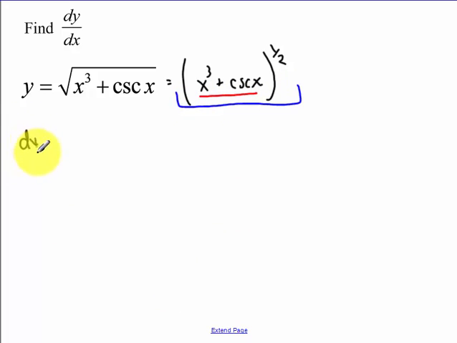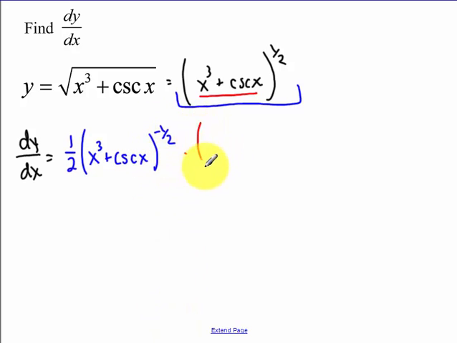So dy dx in this case is equal to the derivative of the outside function, times the derivative of the inside function.